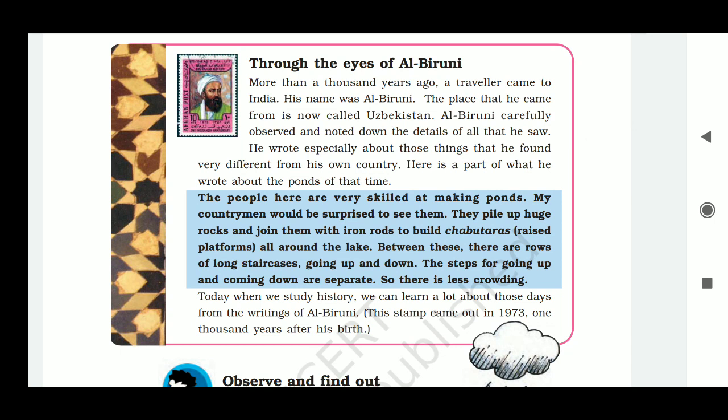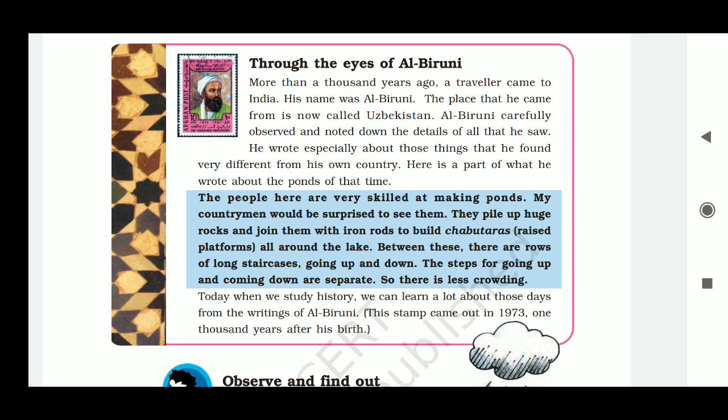Through the eyes of Albiruni. One story is given here, highlighted by a red boundary. It is the story of Albiruni. More than 1,000 years ago, a traveler came to India. His name was Albiruni.